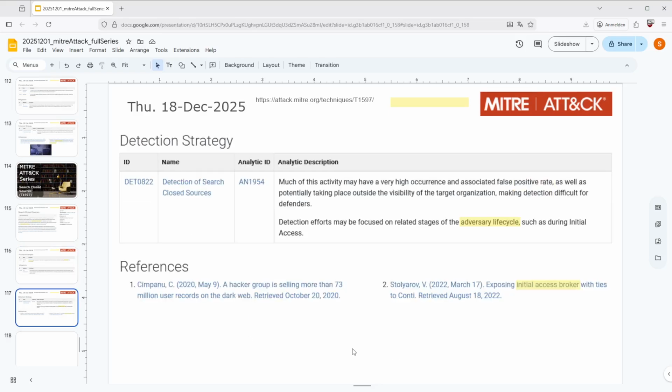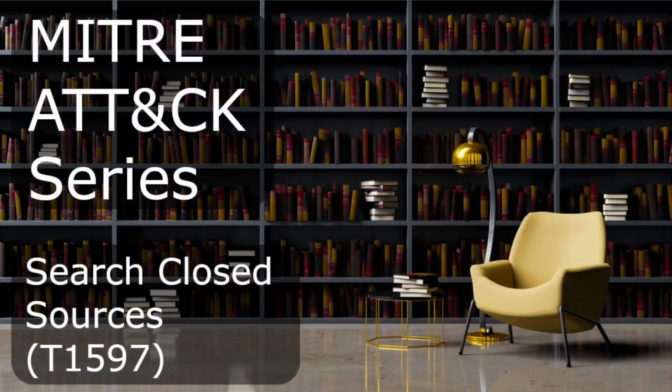And we have now a little bit of a detection strategy, so it's difficult to detect, but we need to know that it exists. That's, I think, the relevant thing. Also, what you see here, there are only two references, so in this technique we also have potential for improvement, potential for further research, I think. Especially because we can anticipate the attackers to do exactly that. They do search in closed sources, and so should we.